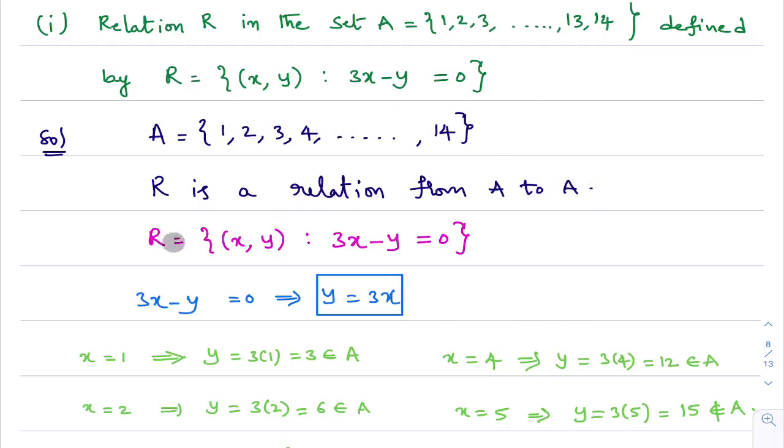This is the given relation: ordered pair (x, y) such that 3x minus y equals 0. In all 9 bits, the first 3 steps will be like this: what is the given set, R is a relation from where to where, and how the relation is defined.